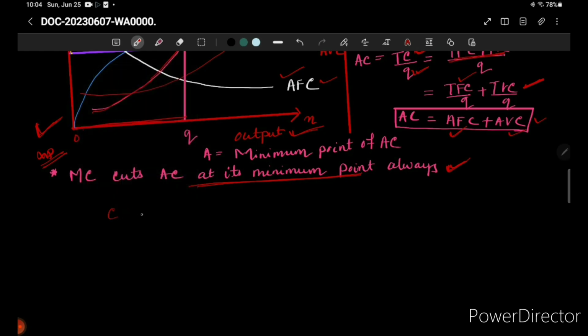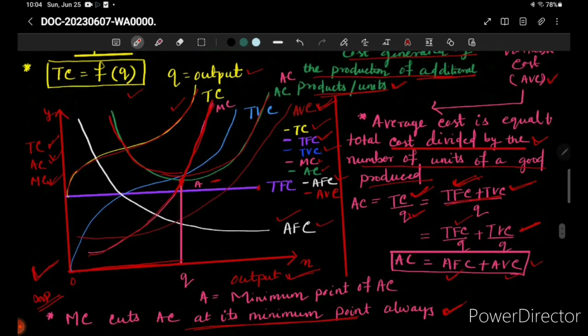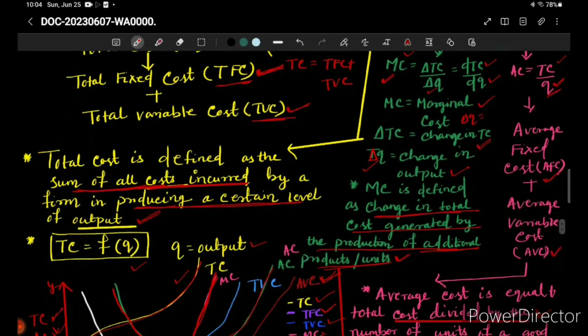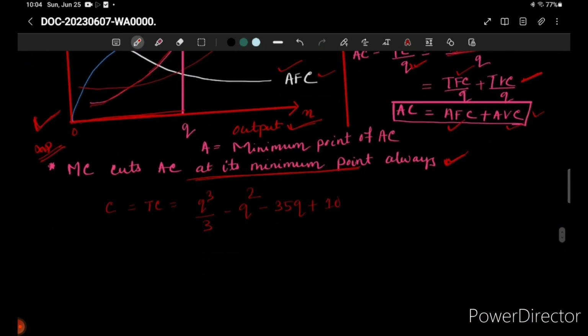The cost function C is equal to TC, which is given as Q to the power 3 divided by 3 minus Q square minus 35Q plus 10. Hope this is the question. Yes, this is the question. Okay, and Q is equal to the output.